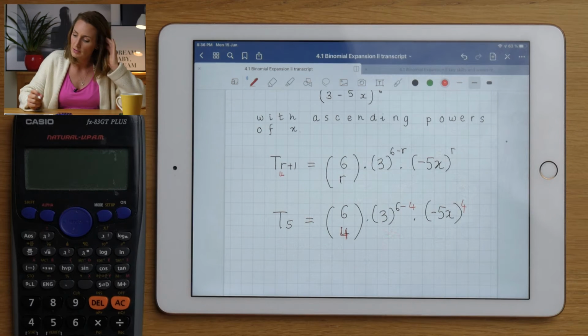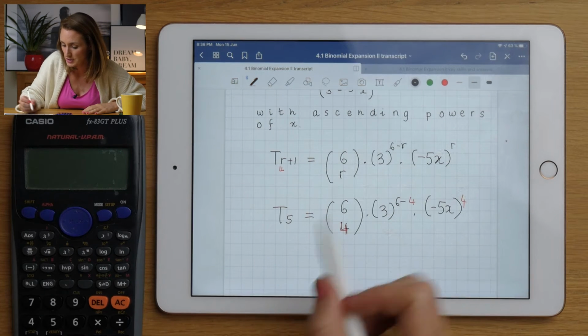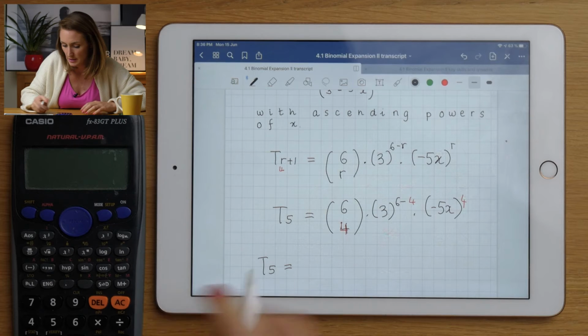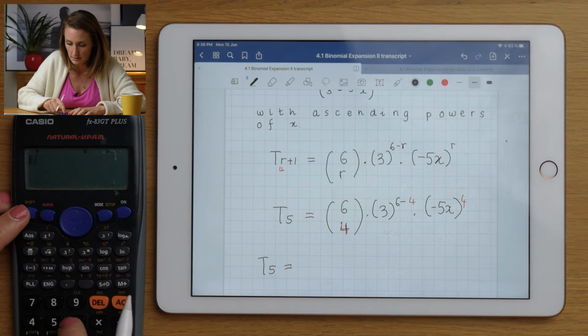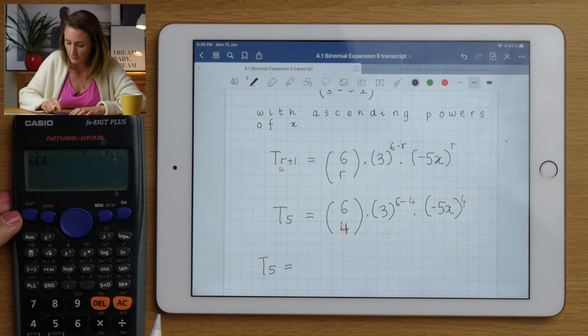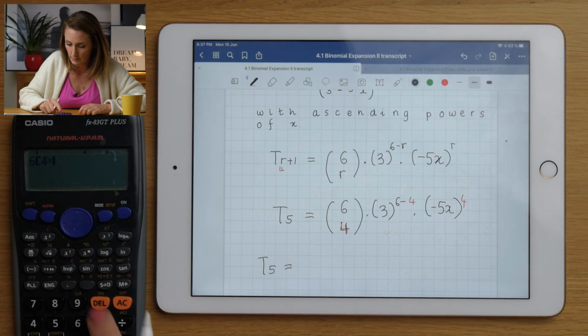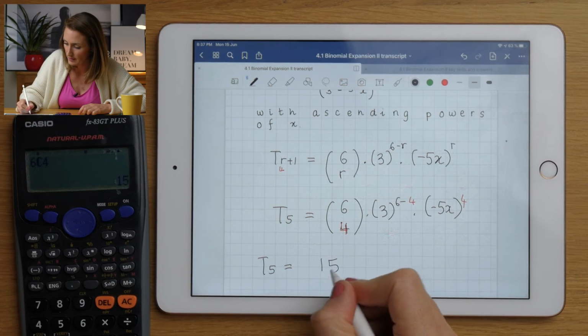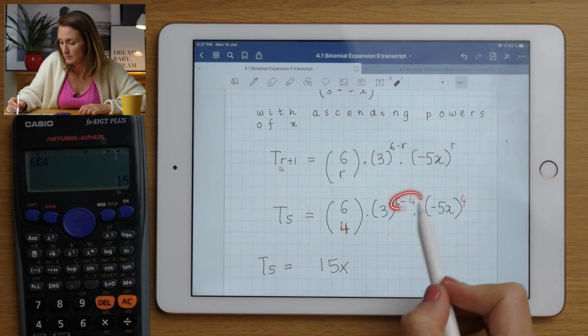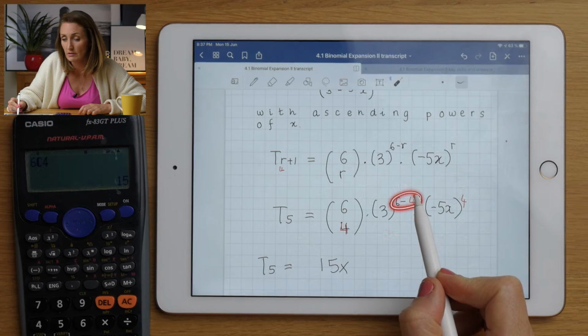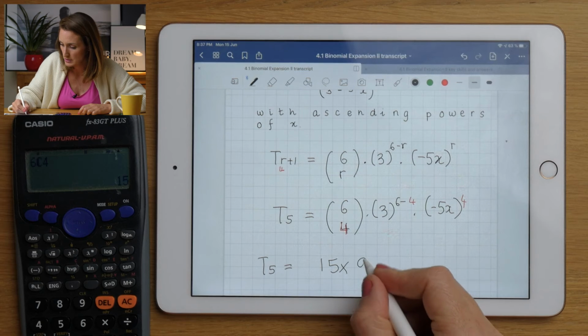And after that, all you need to do is work out your coefficients. So the fifth term is going to be 6 choose 4 times by, I can work it out, so it'll be 15 times by 6 minus 4 would be 3 squared, so 3 power 2, which is 9.